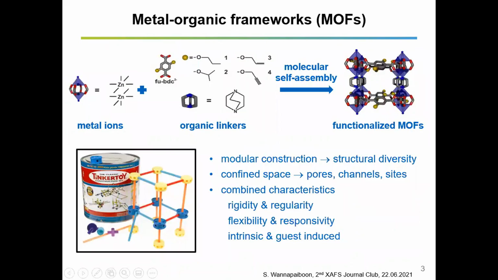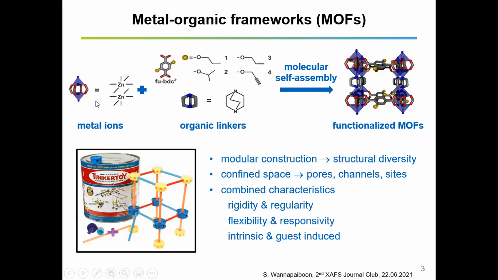Metal organic framework basically combines two components as the main parts within the structure. The first one is the metal ion or metal clusters, and the second one is the organic linkers. The combination of the metal cluster and the organic linkers forms a highly crystalline porous structure, called metal organic frameworks.